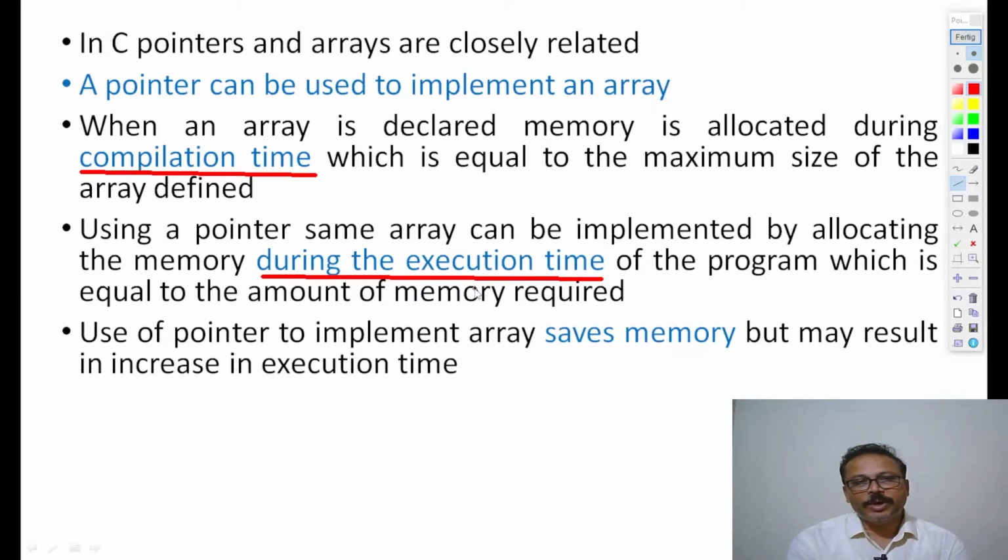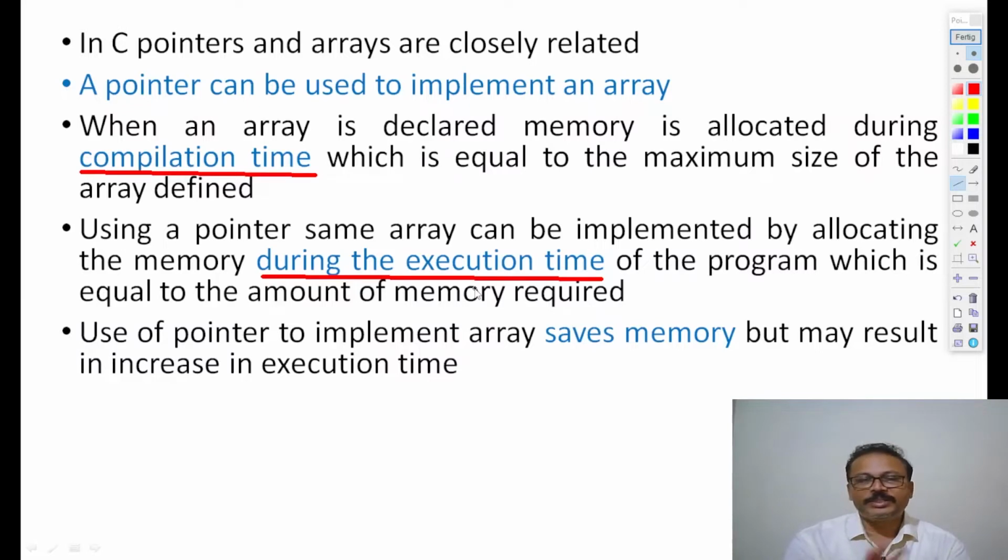If you use pointers to implement arrays, then depending on the number of elements that are possible, you allocate that amount of memory only, not the max size. It may save memory if we are not storing max size elements.